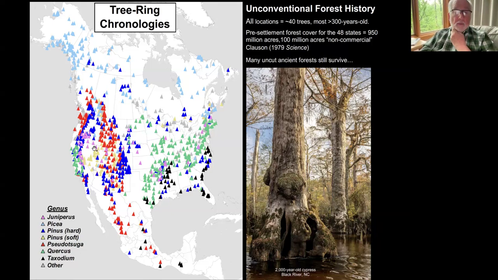And so how can we rectify this map of old growth forests with the map shown in the Forest Voice on the previous slide, showing the complete eradication of the virgin forest? Well, I think Marion Clawson had the answer in 1979 in Science magazine. He noted that in pre-settlement times in the lower 48 United States, there were 950 million acres of forest land, of which 100 million acres were, quote, non-commercial.